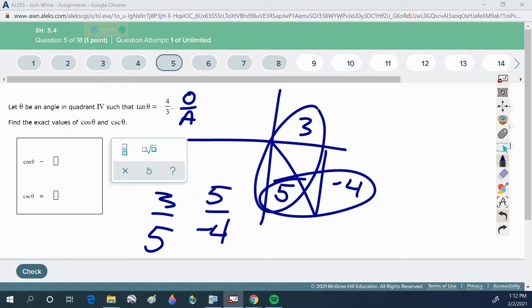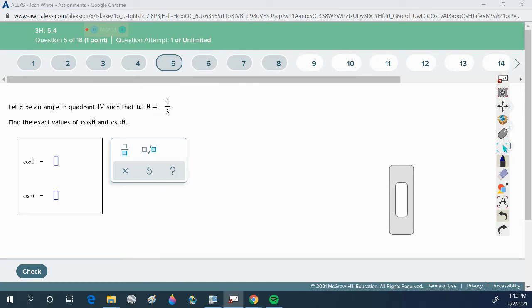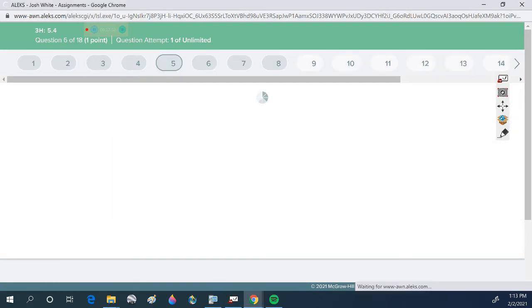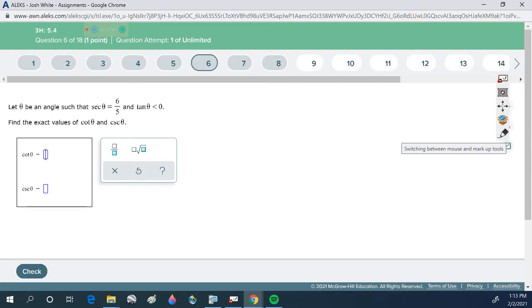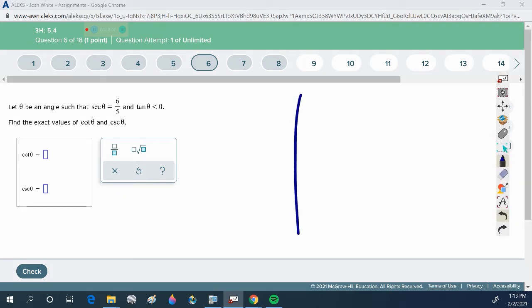Okay? And hopefully in the next problem, let's see if they do it. Secant, okay, that'll work. The secant is 6/5. Which quadrant are we in? So secant matches up with cosine.